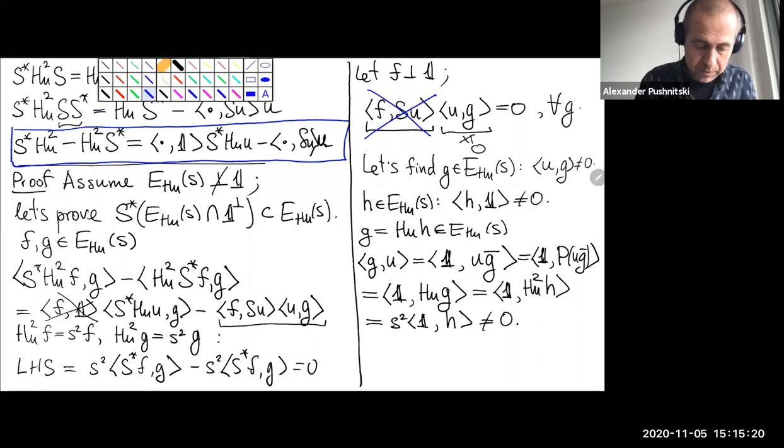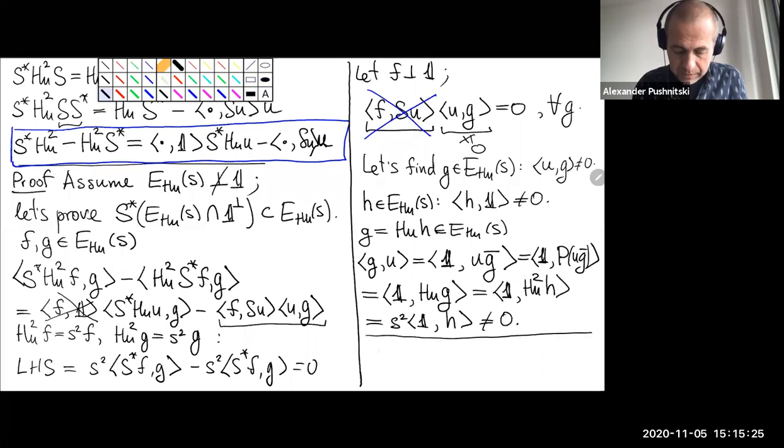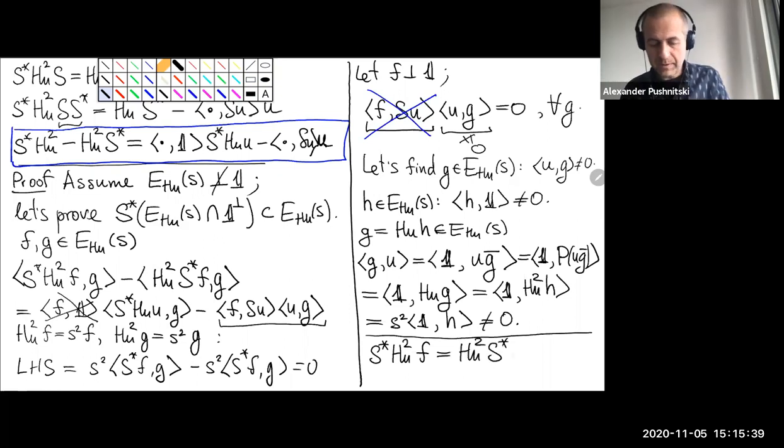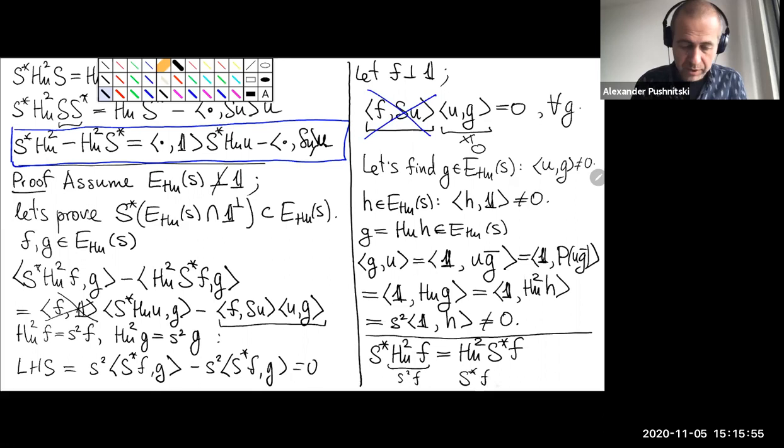Okay, so we find that as a consequence, S star H U squared F equals H U squared S star F. Okay, and this is S squared F. So what we find is that S star F satisfies the eigenvalue equation for H U squared, right?